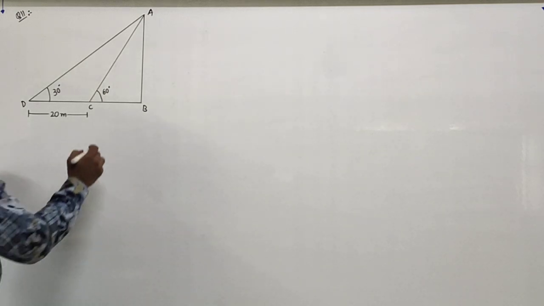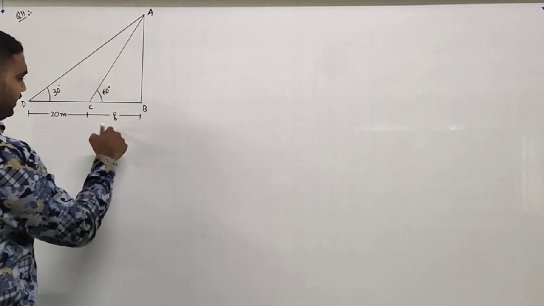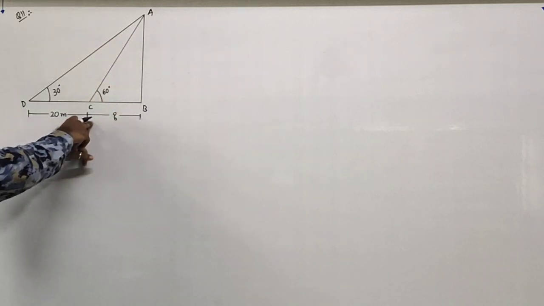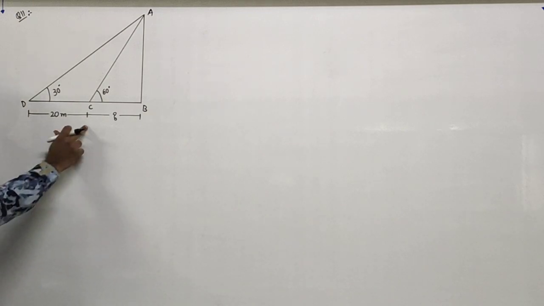So the width of the canal, this is the canal. We need to find out this and the height, because this is a point on the opposite side of the canal and another point is 20 meters away from this point C.